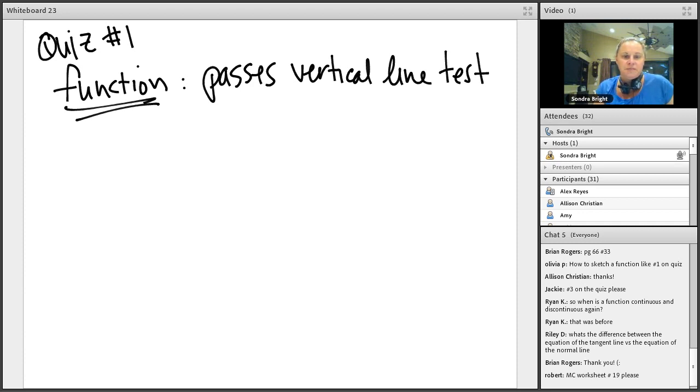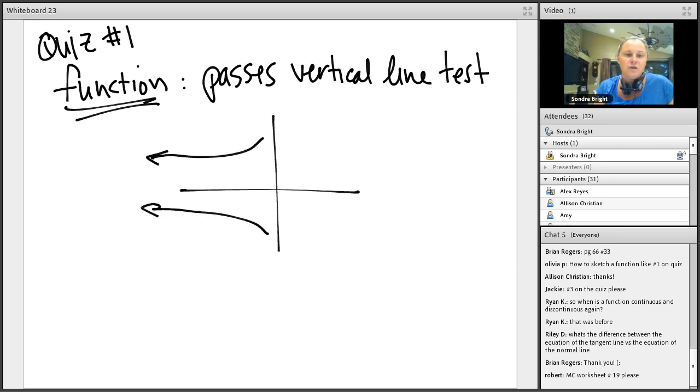I'm trying to think what you guys do where you mess it up. Like you'll have something and it'll be like, oh yeah, the limit is going to here. And then, oh yeah, the limit over here is going to here. No longer a function and you don't get full credit, right? You may be correct in that as x goes to negative infinity, your y value is 0 or something like that.